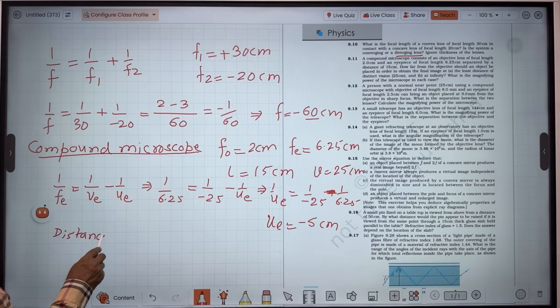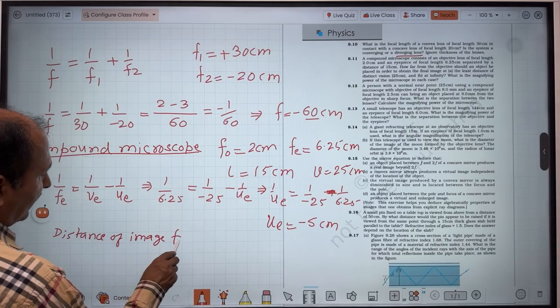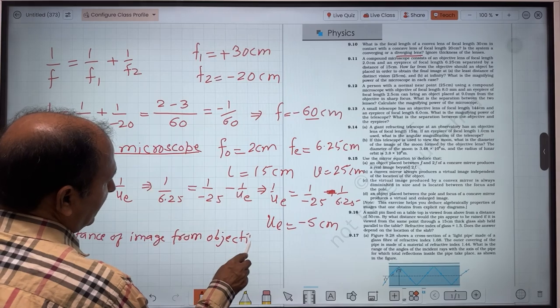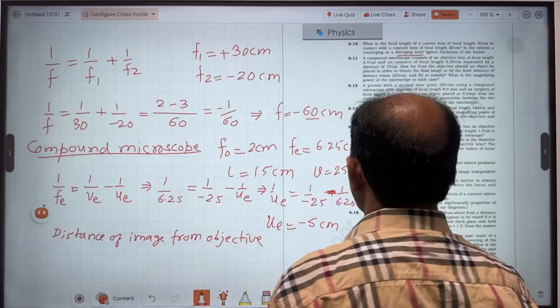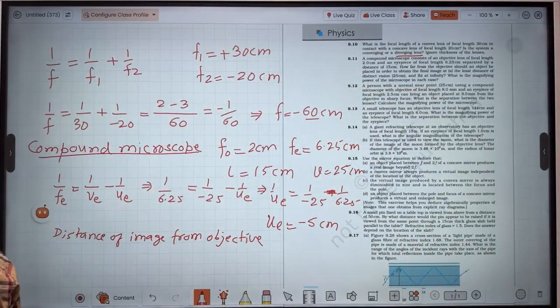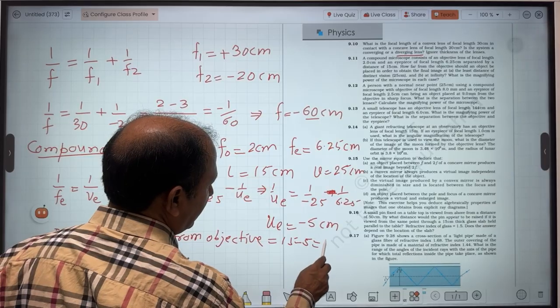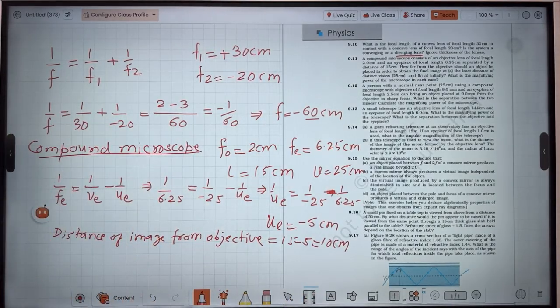Since their separation is given as 15 centimeter in our question, and here it is at 5 centimeters, we reduce 5, so we will get 10 centimeter. So in magnitude it is 15 minus 5, that is 10 cm. Right, up to here I think the thing is clear.